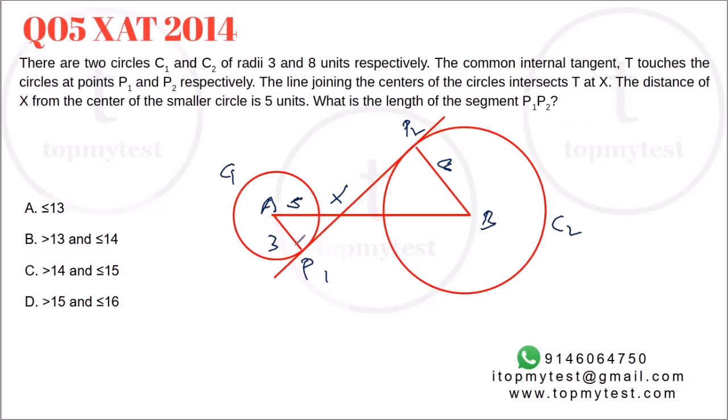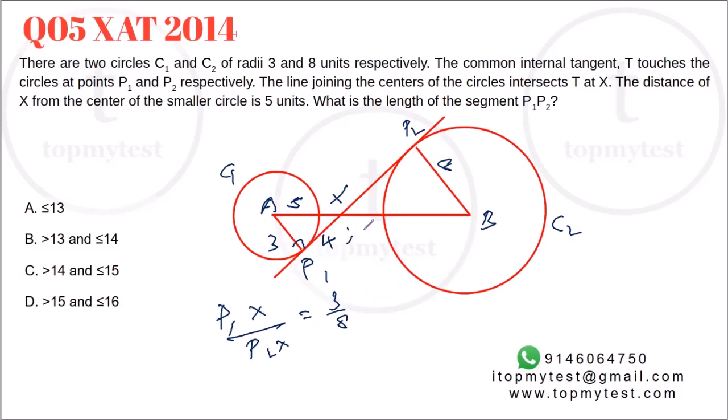Now this is 5, this is 3. So P1X will be 4: 3, 4, 5, right angle triangle. You need to find the length of the segment P1, P2. Given that these are all similar triangles and the ratio is 3:8, P1 to X to P2 to X will be 3:8.